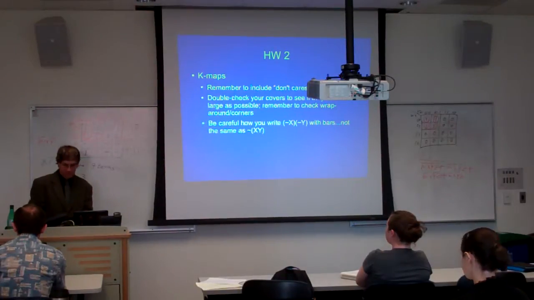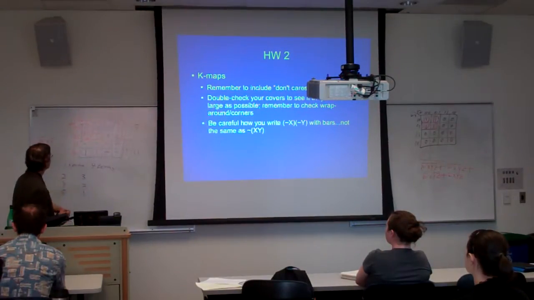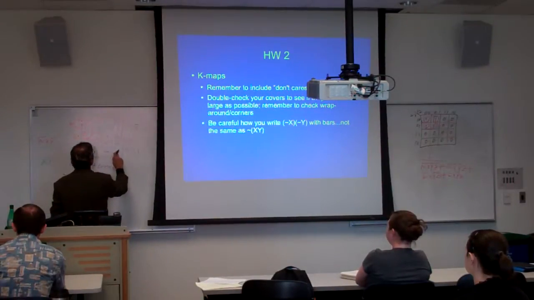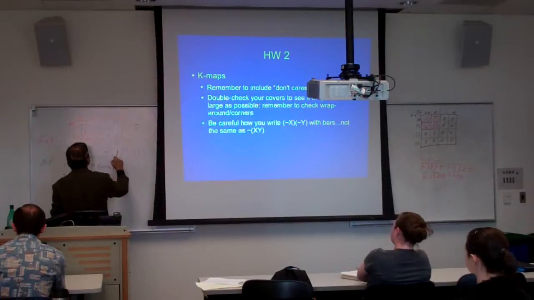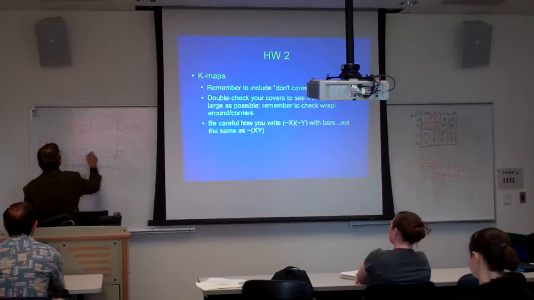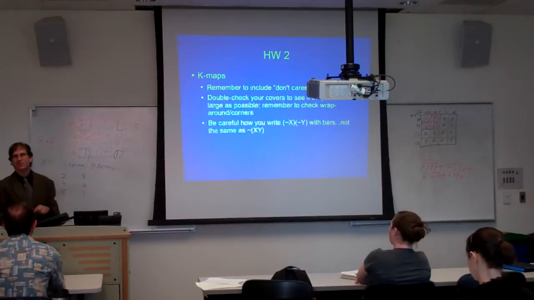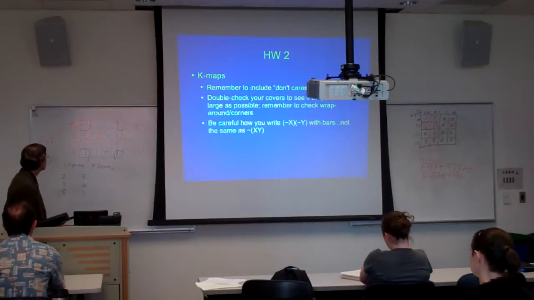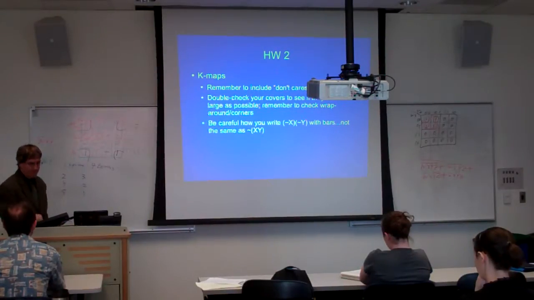So wraparounds are important. Another one: if this is a 1 down here, you can have this weird shaped rectangle like that, where all the corners are wrapped around. That's a tricky one, but it's perfectly valid. How'd you write that one?